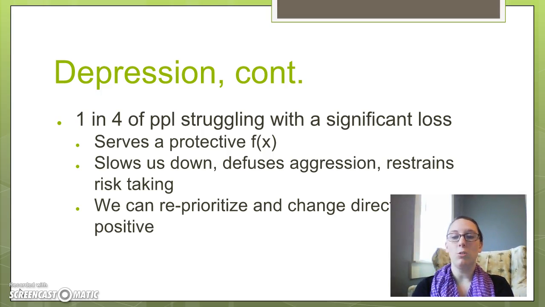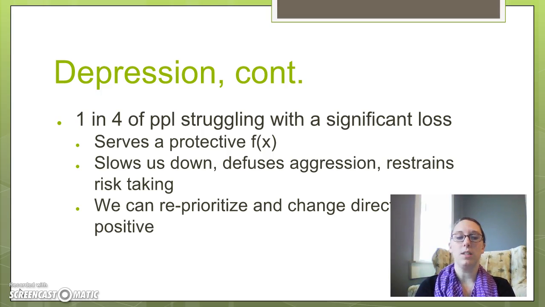Another maybe silver lining of depression, if we want to say that, and I don't want to negate the harmful influence of depression. It's a very serious diagnosis and depression itself is not a good thing. But if we want to take the evolutionary perspective, we want to ask ourselves, why is it so common? How has it sort of stayed around in the gene pool for so long?